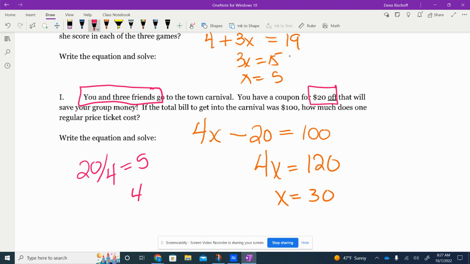And for 4 people, it cost them $100. So 100 divided by 4 is 25, but I took $5 off their bill. So the original price is 30. Now, I don't know if that works for you, but that's kind of how I thought about that. Again, that doesn't make an equation for me, but it does give you another way to think about something.